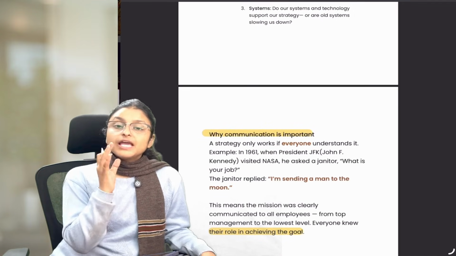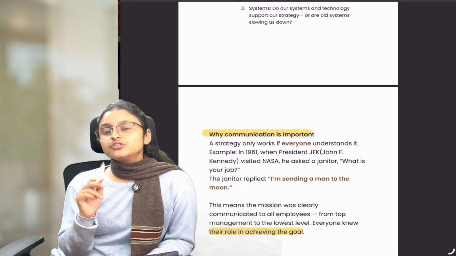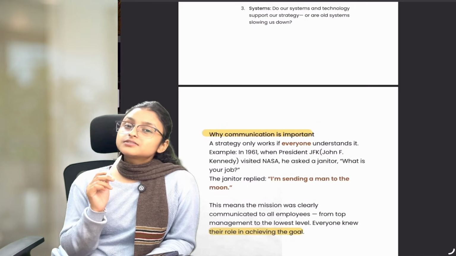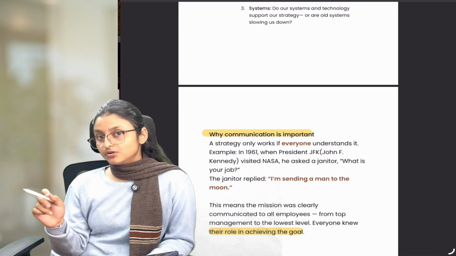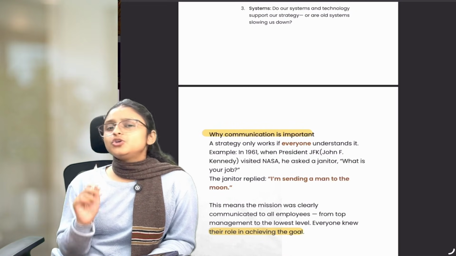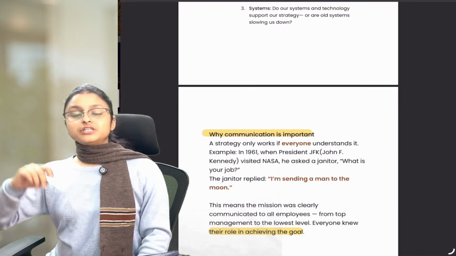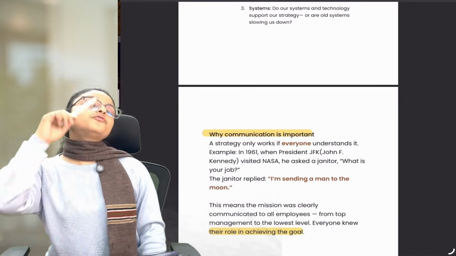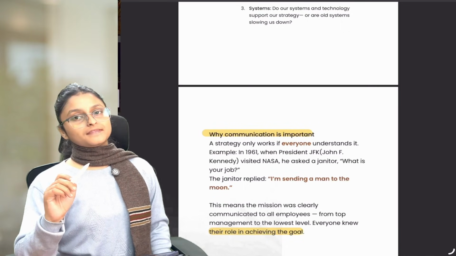See, when we studied strategy, we also studied the stages of strategy: first the strategy is formulated, then it is communicated, then implemented and controlled. Communication plays a huge role. When you have not communicated properly to everyone what they have to do to fulfill the strategy, then the strategy is of no use.